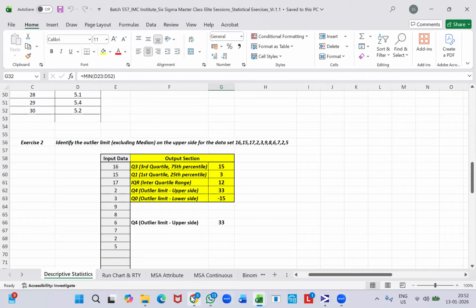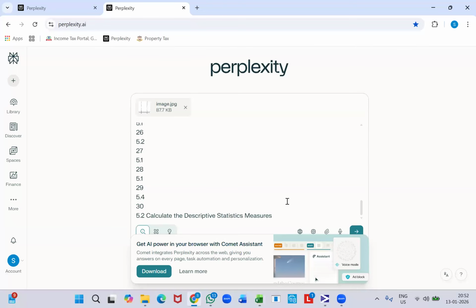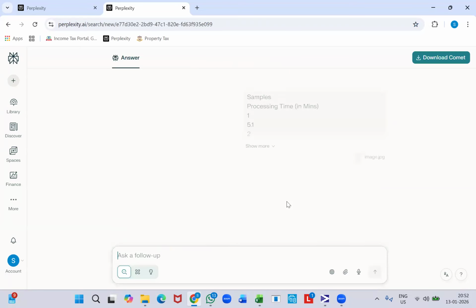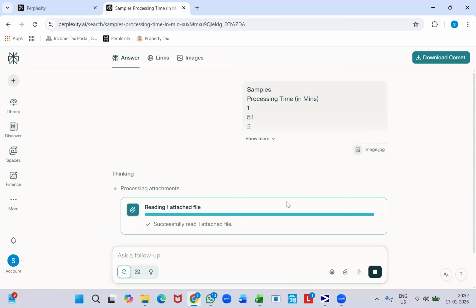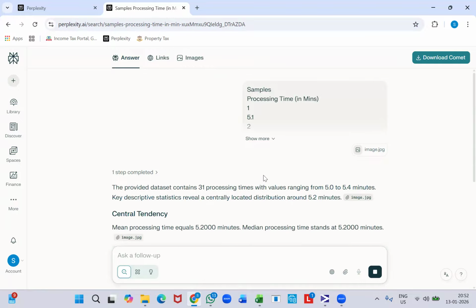So we will see how to use the Perplexity tool to perform the calculation. I've just copy pasted the entire table and I have just given the prompt as calculate the descriptive statistics measures and pressed enter. It will read the attached file and then come up with the answers.